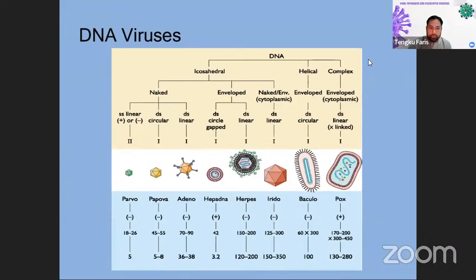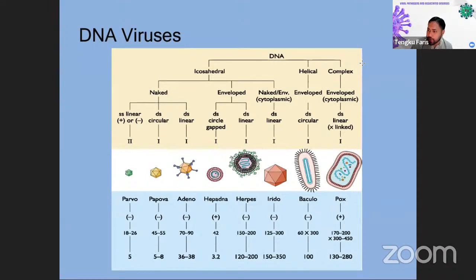Okay, so how about the negative one? The negative one means the virus doesn't have the capability to directly convert DNA to RNA. So they need help from other machinery or another system in order to replicate.